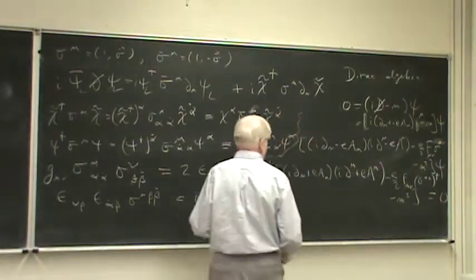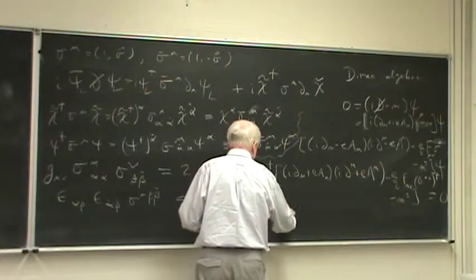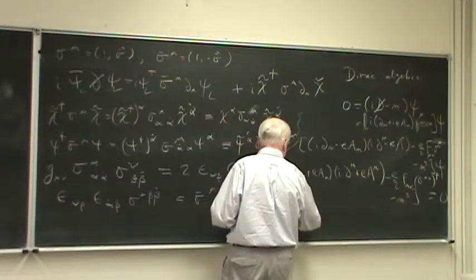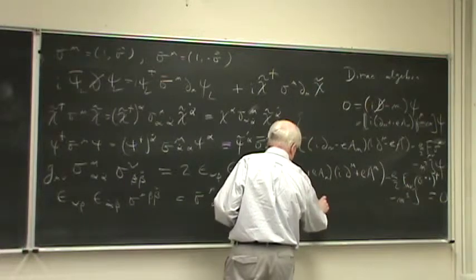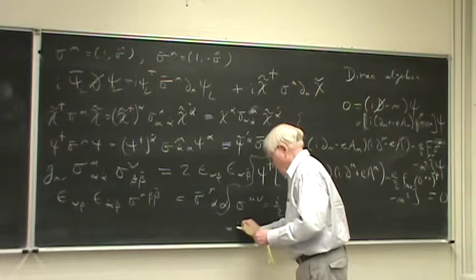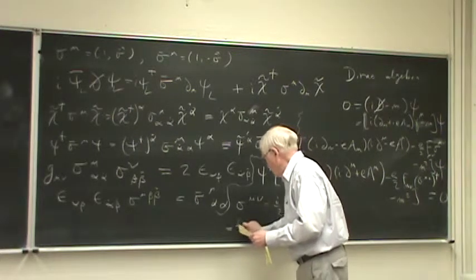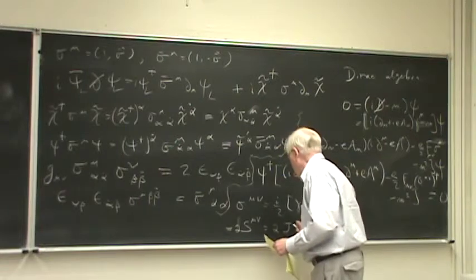Now let me remind you what σ^μν is. σ^μν is i over 2 [γ^μ, γ^ν], and this is also 2 S^μν, which is also 2 J^μν.